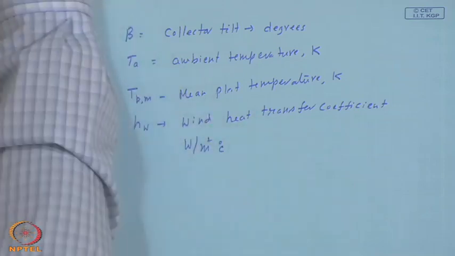So, there is a convenient method of calculating the overall loss coefficient, which will involve an iterative procedure by guessing the cover temperatures for a given operating condition, or the top loss coefficient can be calculated by the correlation due to Klein.